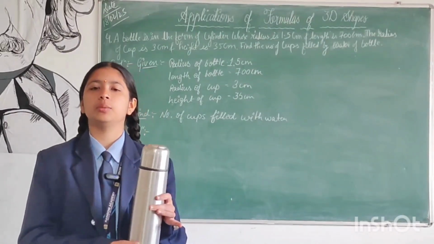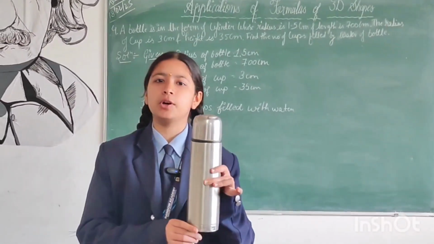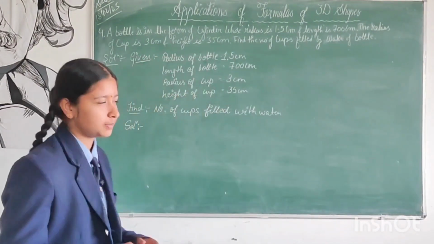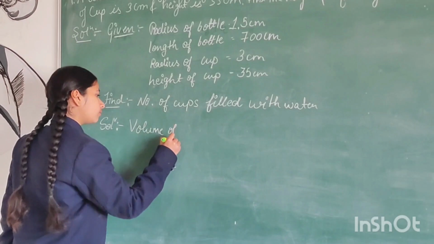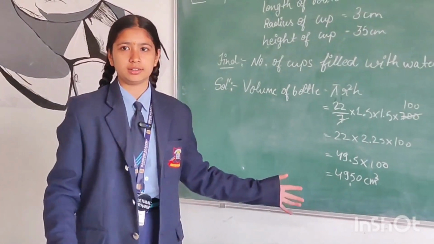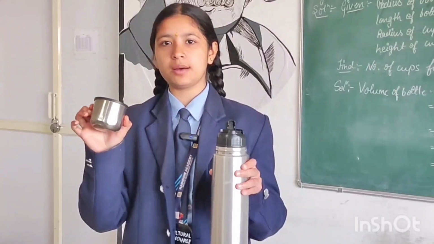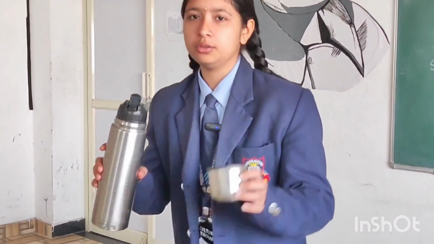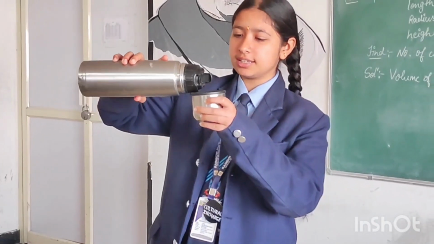Now we will find the volume of this bottle because the volume of a bottle is equal to the capacity of water the bottle is containing. So now let's find its volume. So this is the volume of bottle. Now we will take this cup as the example of cup. So when we pour water in this cup, it will take the shape of this cup.